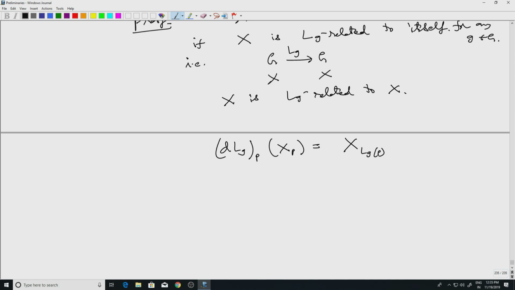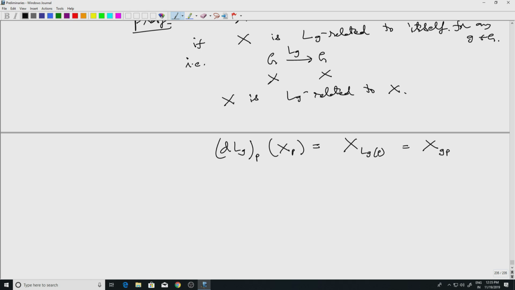So a vector field is L_g related to X if this happens. But the right hand side is the same thing as X at gp, since left translation is just gp. Now if you look at this equation, dL_g at p acting on X_p equals X_gp, this we have seen is the same thing as the vector field being left invariant. We have used this several times.